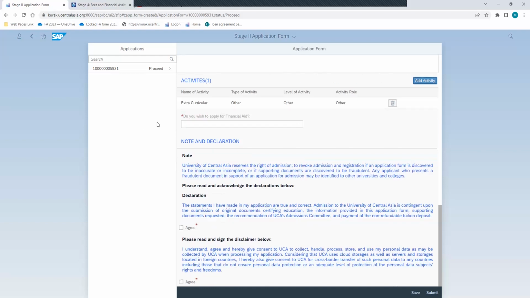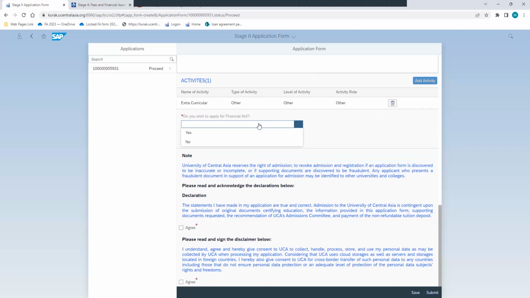So let's say our financial aid starts from this question in stage 2. That's why I just tried to demonstrate how to fill those things above, because the system will not allow us to submit if we do not fill all the boxes. So here we do have a question. Do you wish to apply for financial aid?